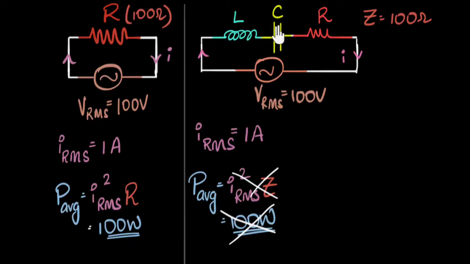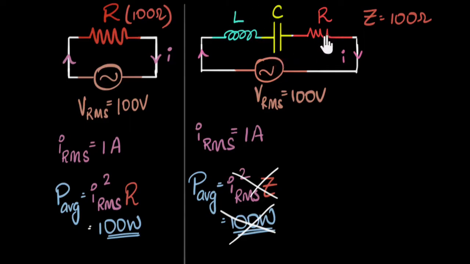It stores energy in its electric field. But then when it gets discharged, it transfers that power back to the source. Therefore, on an average, it does not consume any power. And the same is the case with an inductor as well. On average, it consumes 0 power, which means the entire impedance does not consume power.